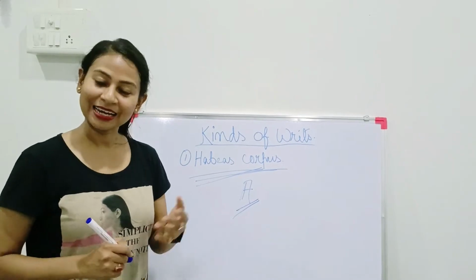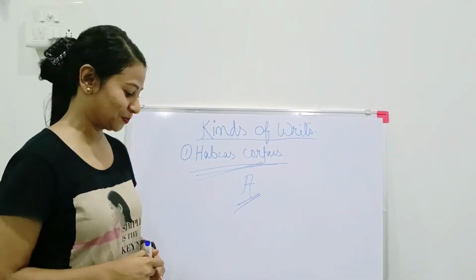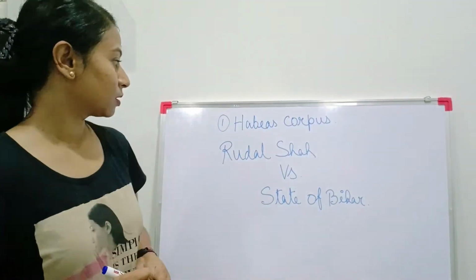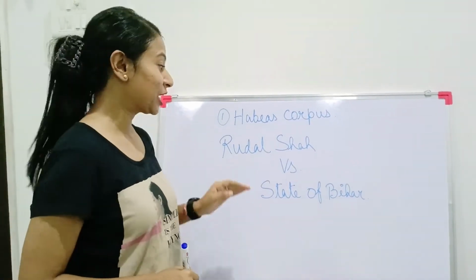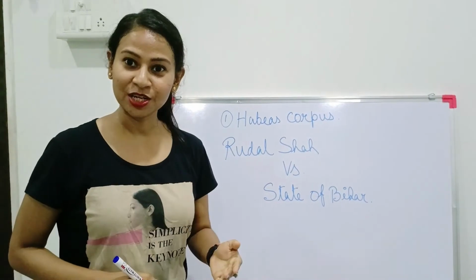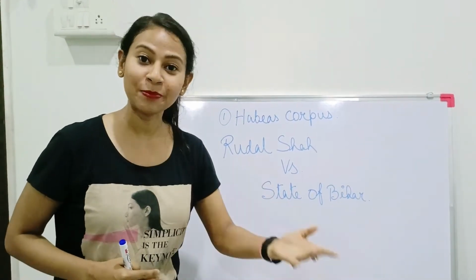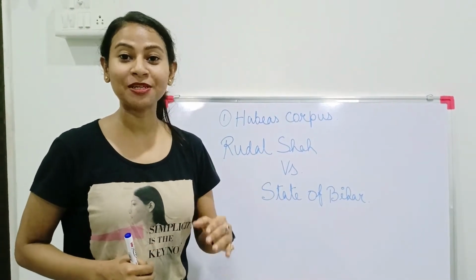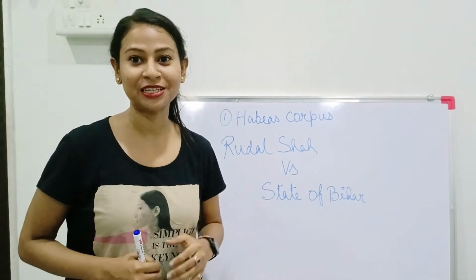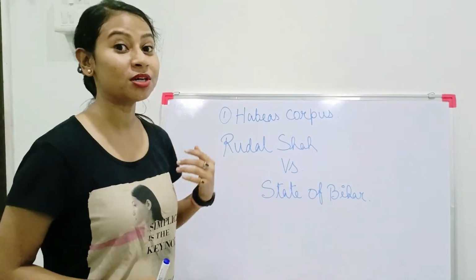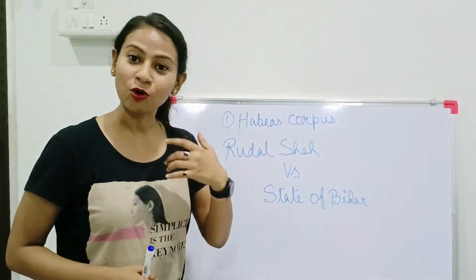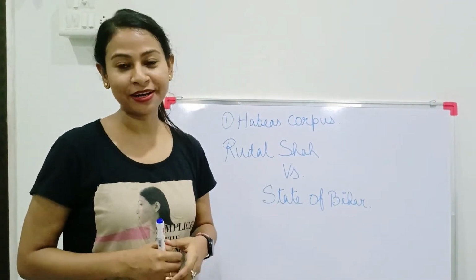Let's look at a case law: Rudal Shah versus State of Bihar. In this case, a person who had already completed the period of detention was kept in prison for an extra 14 years. Then the writ of habeas corpus was used and he was released. He was also awarded exemplary damages.